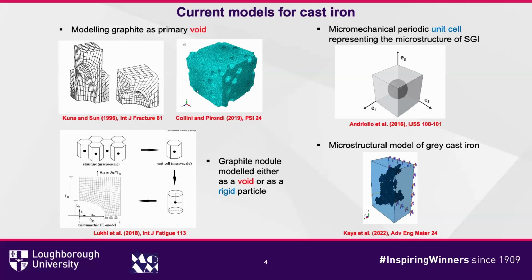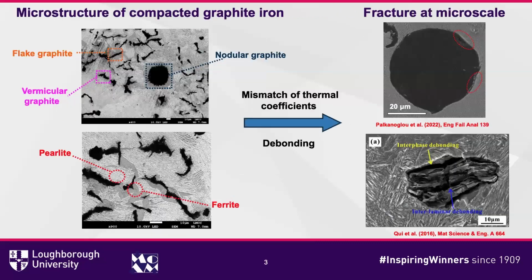For spherical cast irons, all the graphite inclusions are spheres, so it is easy to model as a node. But in compacted graphite iron, we have a more complicated microstructure.